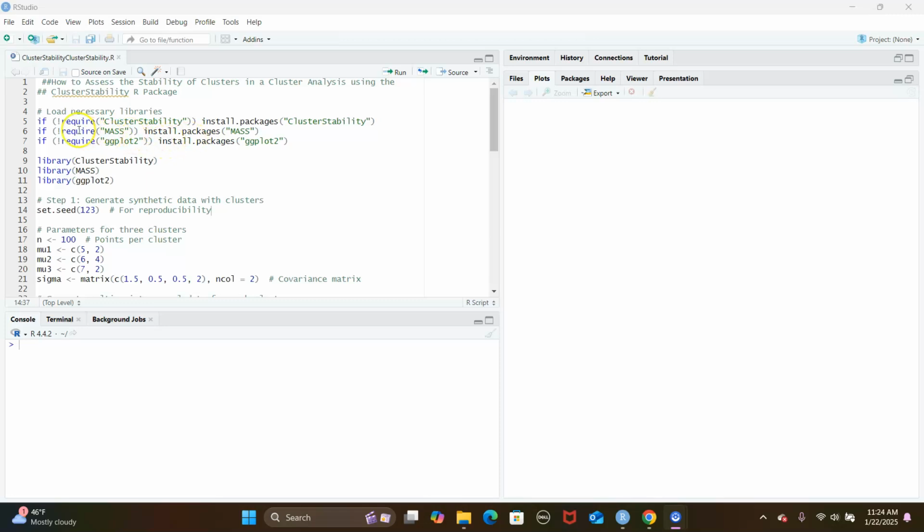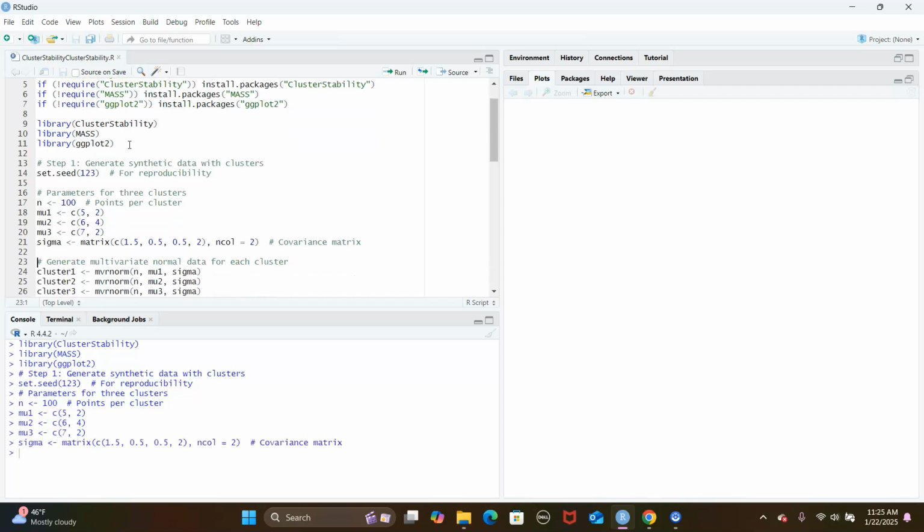Okay, so let's load the necessary libraries, ClusterStability, MASS, and ggplot. I already installed them here, so I just load them in and set a random seed. So n equal to 100, and we have 3 mean vectors and a covariance matrix.